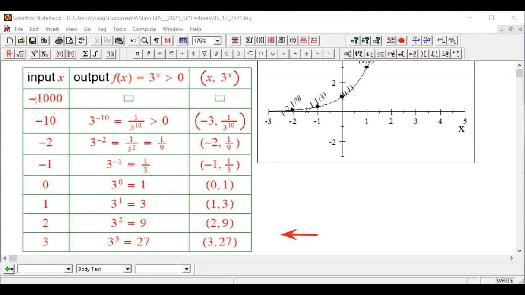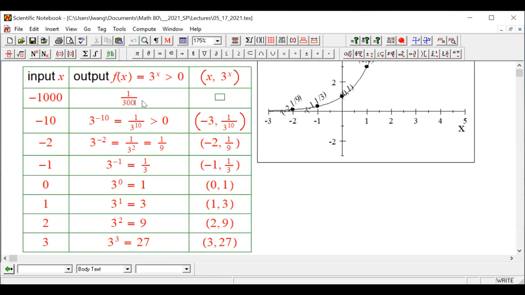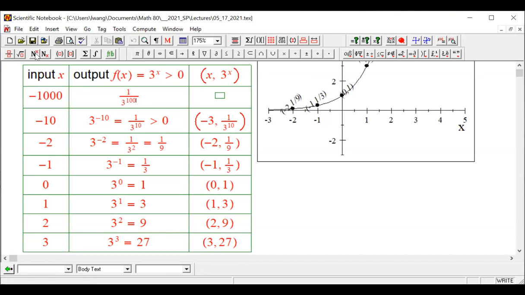If we have input at -1000, it's going to be even further to the left toward negative infinity. So the entire curve is always above the x-axis. This time it's 3 to the power of -1000, which is 1 over 3 to the power of 1000 in the denominator.